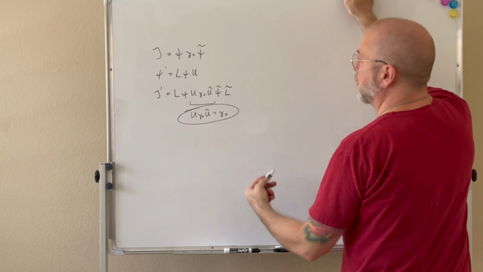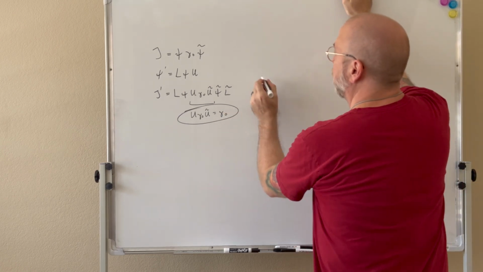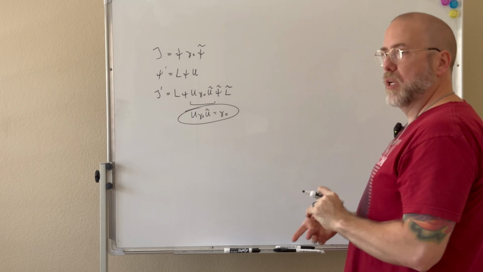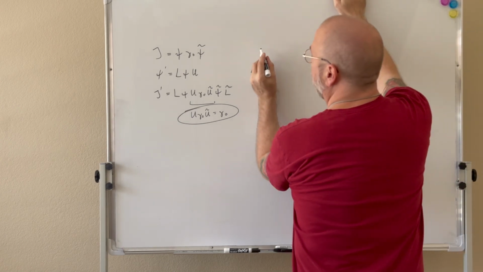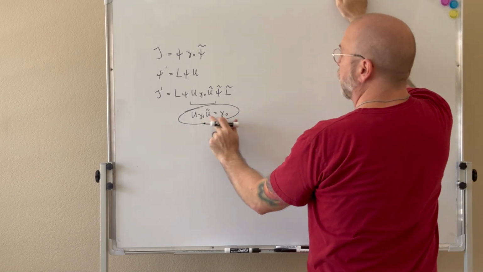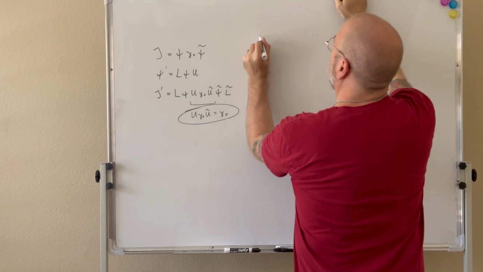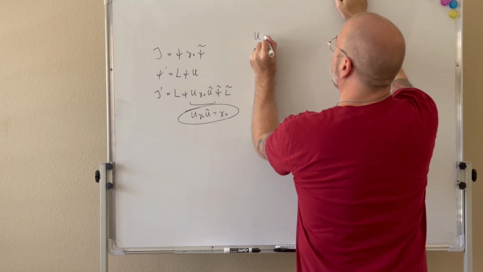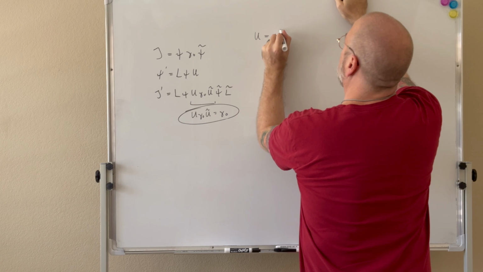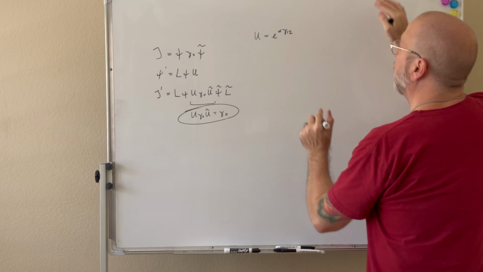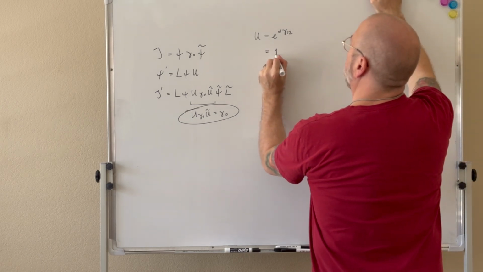What are some examples of what might work here? Again, it's a rotor, meaning it has to be an even thing. And that's certainly the case because we're multiplying it by something like this. Well, how about, and of course I know the answer, so I'm going to give you some examples. E to the alpha of gamma 1, 2. What is that? Well, you can just write it out.